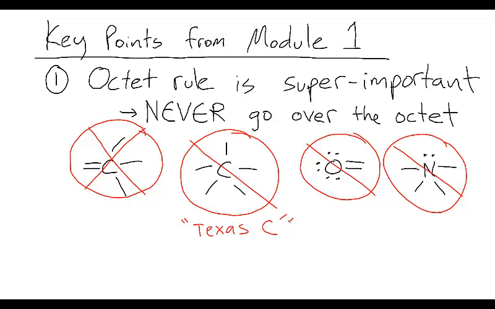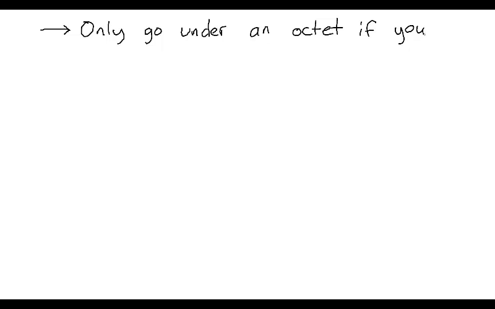And then I'd say the second part of that is occasionally we will go under the octet, but it's rare. So the second part of saying the octet rule is super important is to say only go under an octet if you have no other choice.